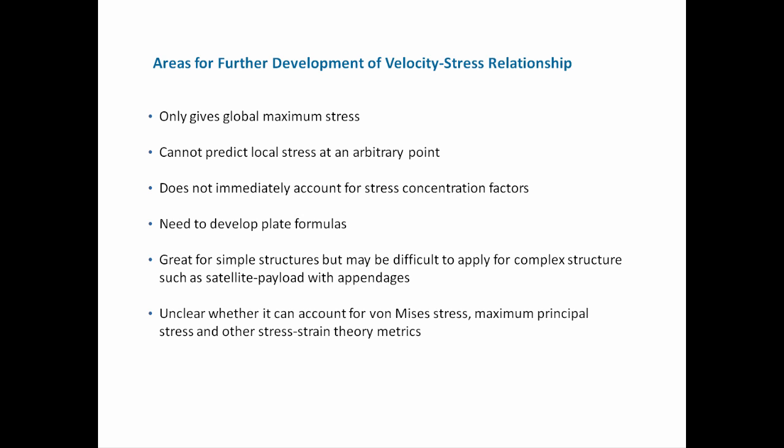It's great for simple structures like longitudinal rods and beam bending, but it may be difficult to apply to complex structures such as a satellite payload with appendages and where there are multiple materials. We need to give some further thought, when we get to plates and shells and complex structures, to von Mises stress versus maximum principal stress and other stress-strain metrics.